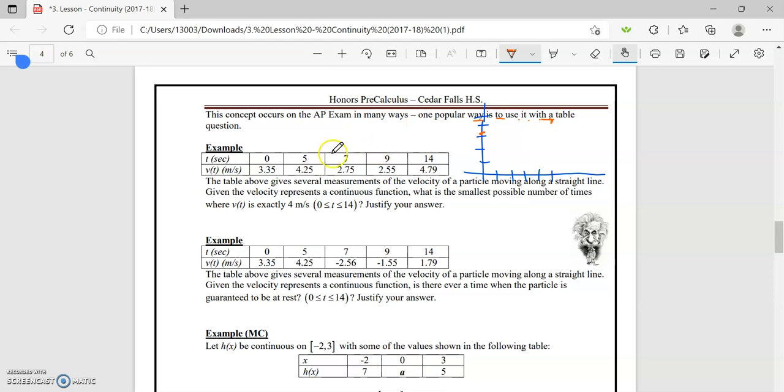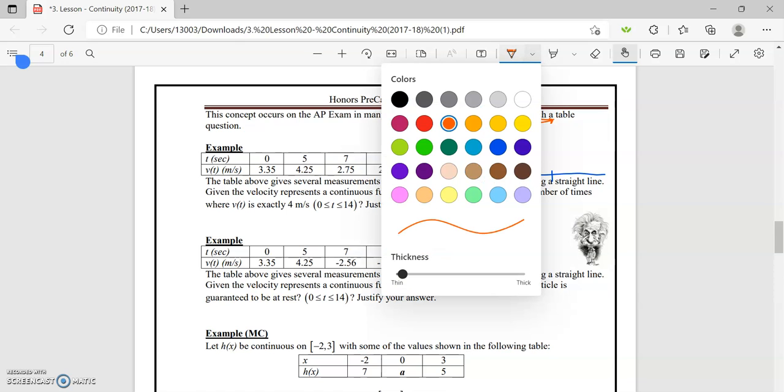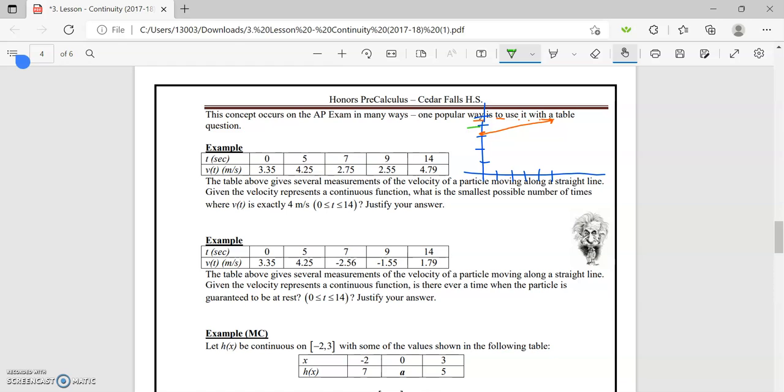If we were to look at the graph then, somewhere between 0 and 5 seconds, I'm going to use straight lines because it's easiest. If we are continuous, if my pencil does not leave the paper, then it is guaranteed that at some point I was traveling across the 4 meters per second mark.